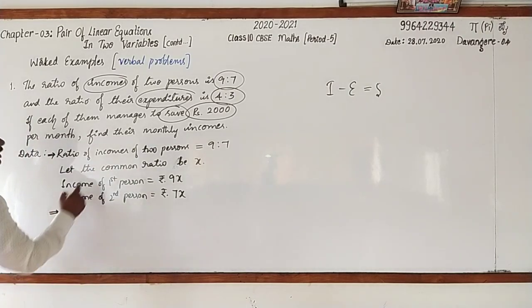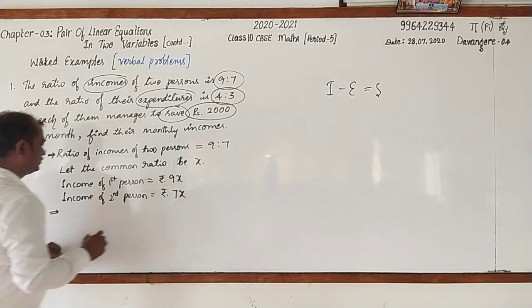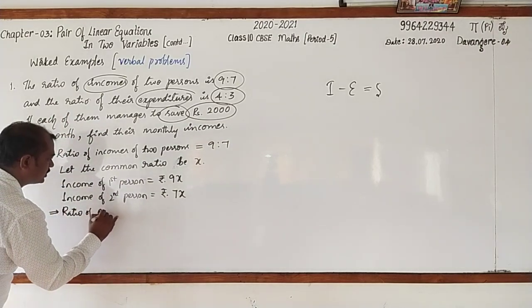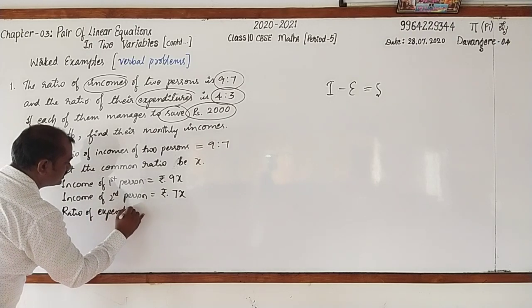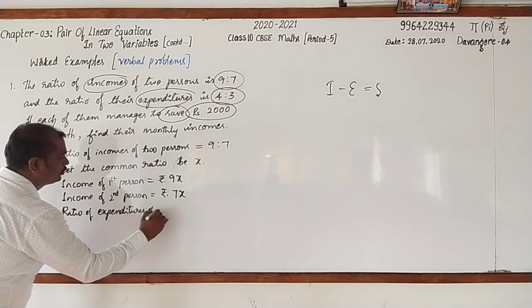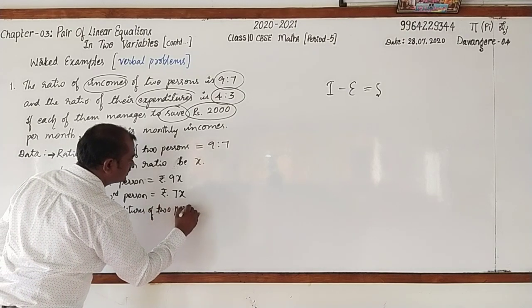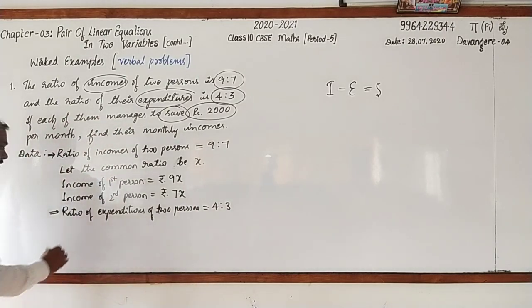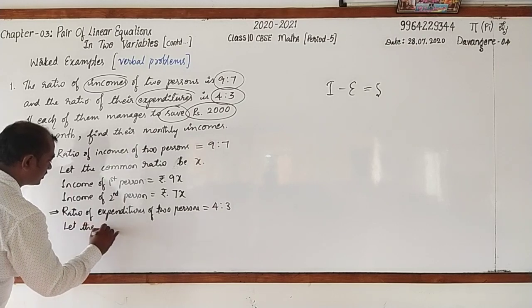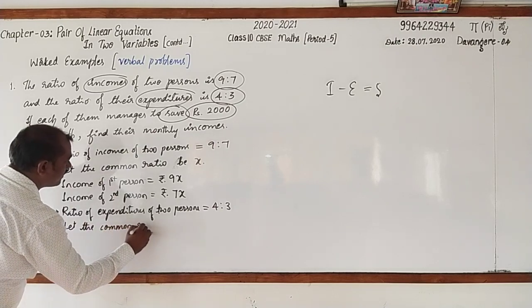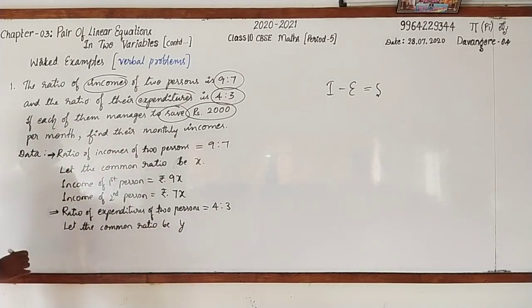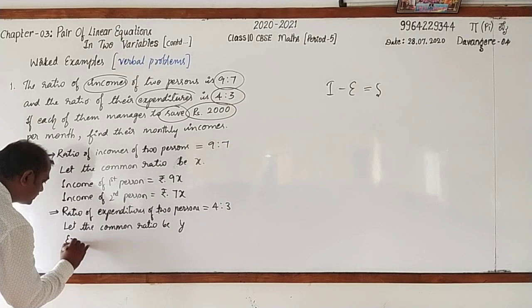Clear? Similarly, next. Even they have given their expenditures as well. How much? It is 4:3. Here I write. The ratio of expenditures of two persons is 4:3. Then here also let us assume the common ratio. Let the common ratio be y. Then what is the expenditure of first person?